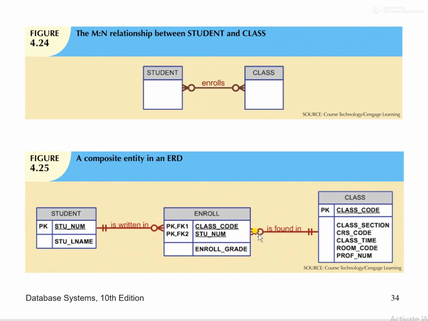So between student and class it is many to many, but each is connected with the enroll side in the one form. So we cannot have a many to many relationship in actual implementation. When we are going to change an ER model into relational tables, then we have to change this many to many relationship into one to many relationships by using a composite entity or associative entity.